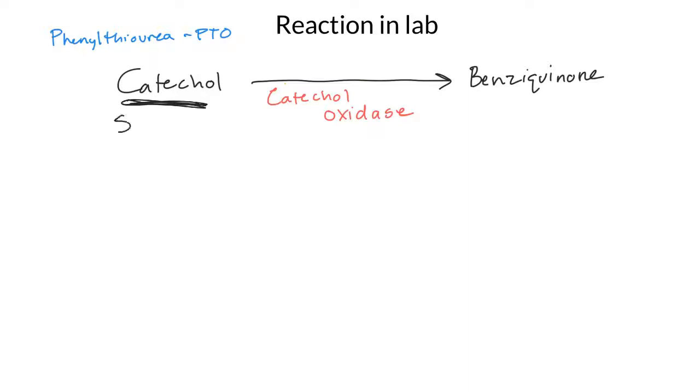So catechol was our substrate. Catechol oxidase was our enzyme, and what was that in? That was in the potato extract. And then benzoquinone was the product.